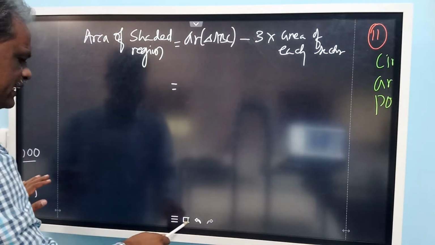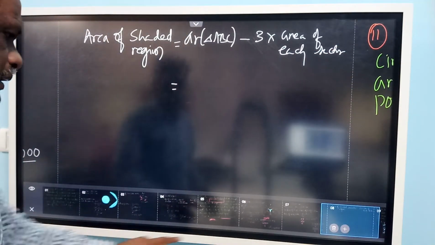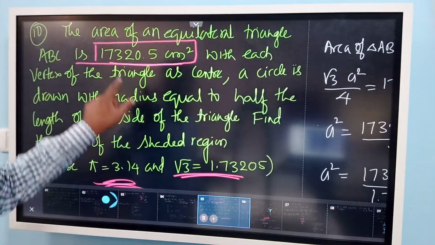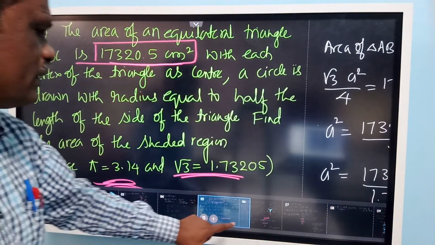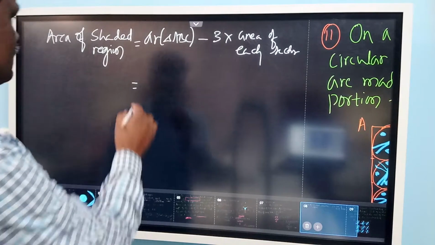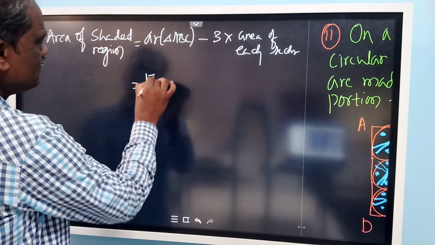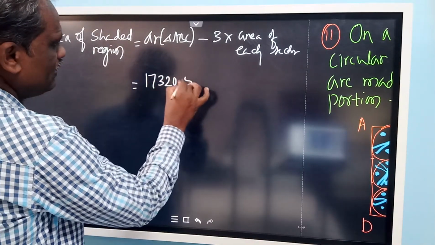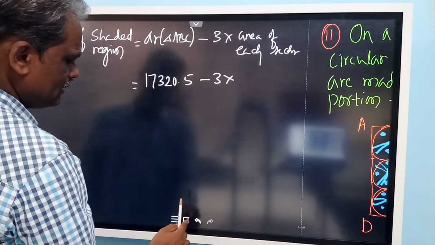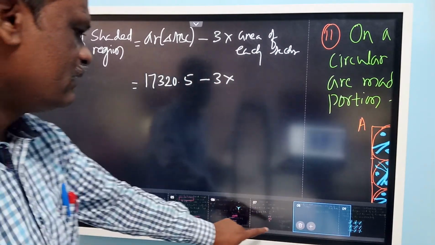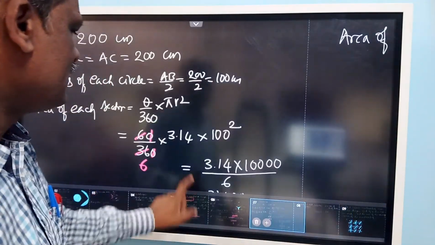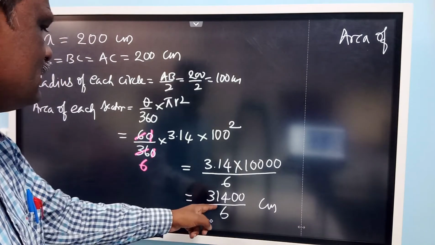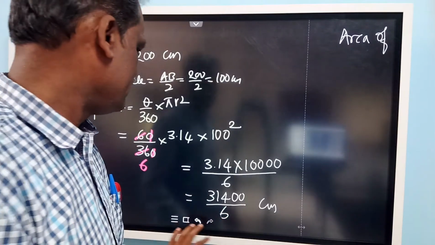They have given the area of the triangle in the question, that is 17,320.5. So you can write here 17,320.5 minus 3 times the area of the sector we got, 31,400 divided by 6.